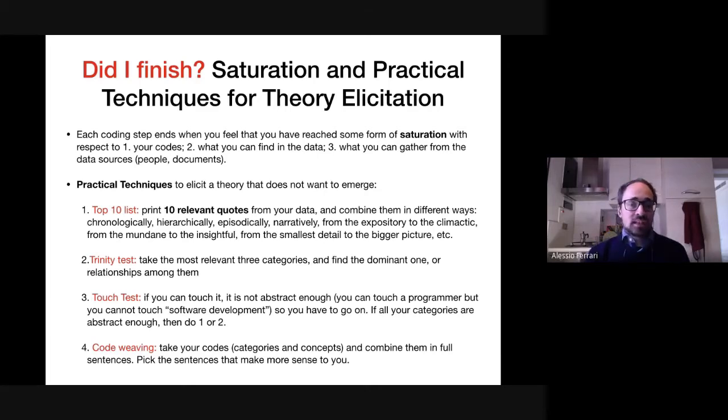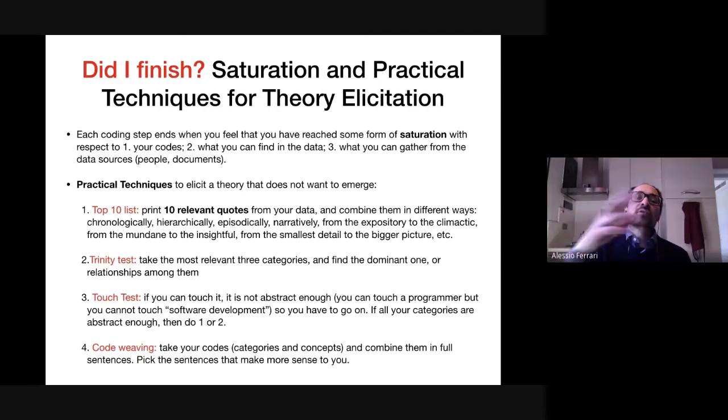First one is the top 10 list. So you take your data, you select the most relevant quotes for you, like at first glance, 10 relevant quotes, and then you combine them chronologically, hierarchically, episodically, narratively, and you may order them from expository to climactic, from the mundane to insightful.